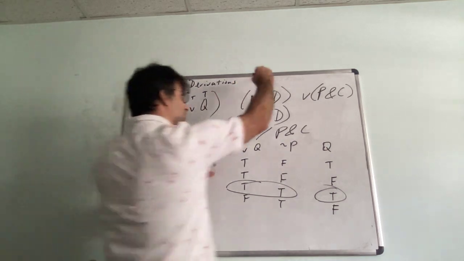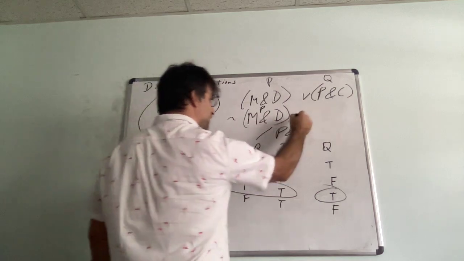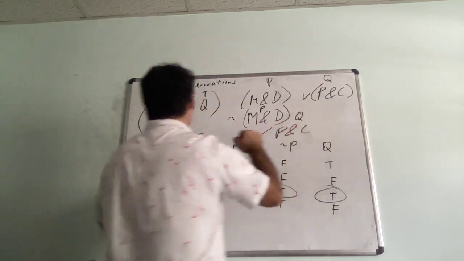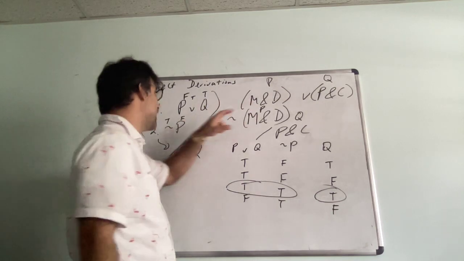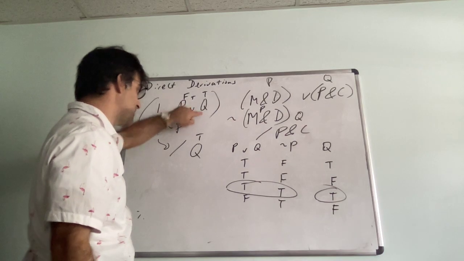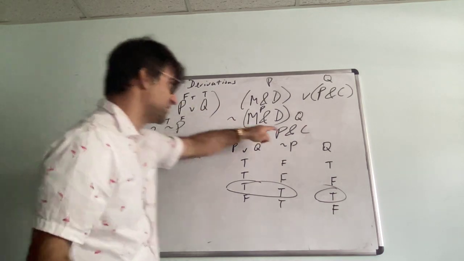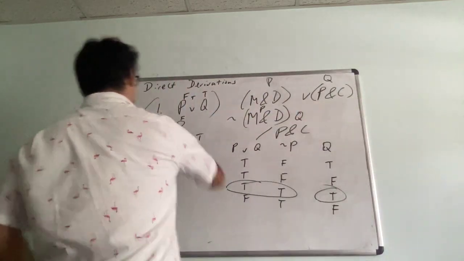You still have your P or Q, not P, therefore Q structure. This pattern works for any proposition P, as long as you keep it consistent here. Q can be any proposition as long as you keep it consistent here. All right. That's what we're working on here.